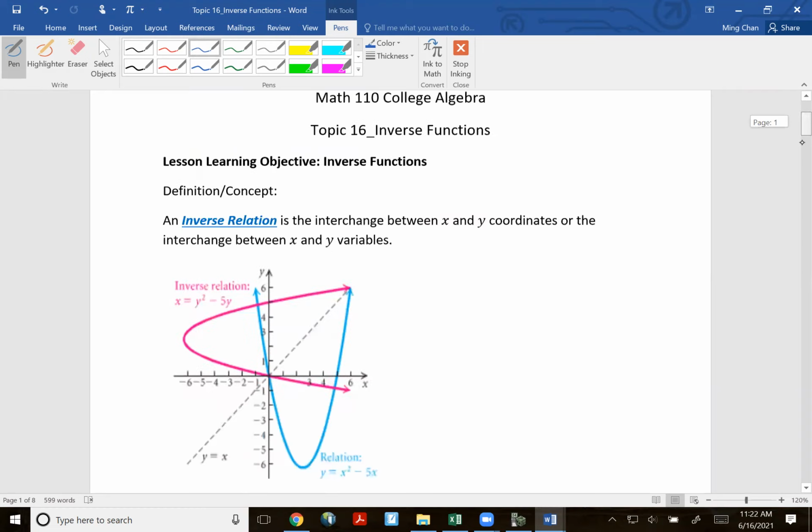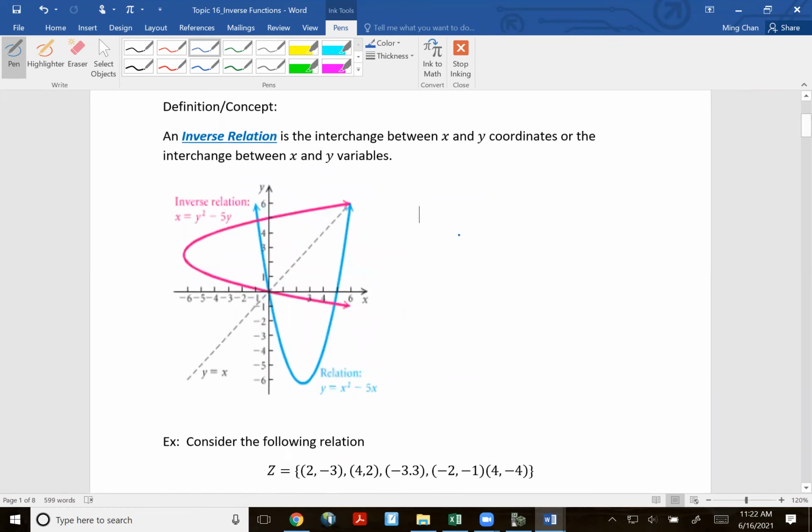So as you can see here, I have a parabola. We know a parabola that opens up is a function. But the inverse relation of this parabola that opens up is a parabola that opens to the right. So we know a parabola open to the right is not a function.